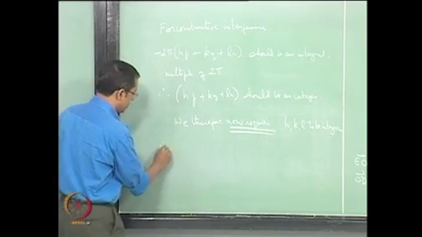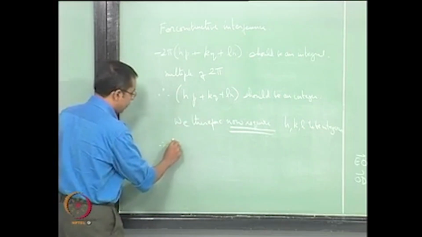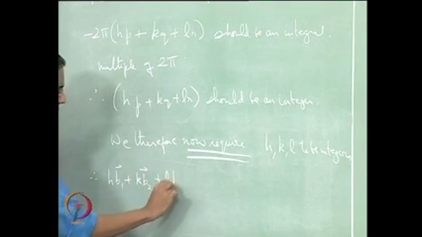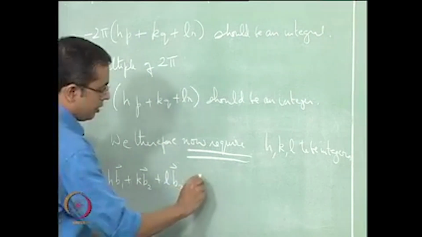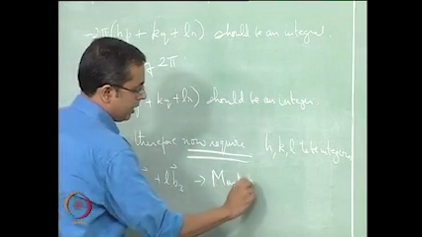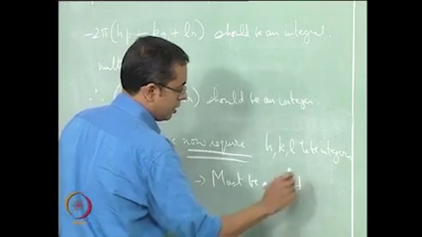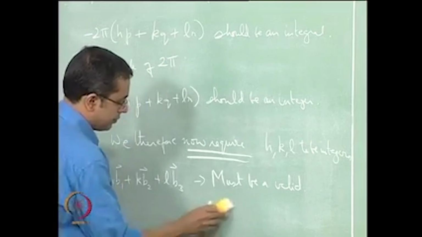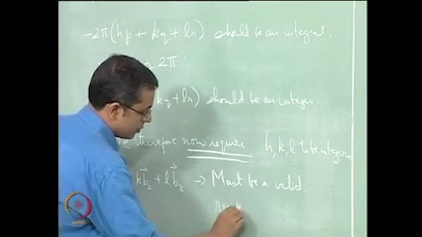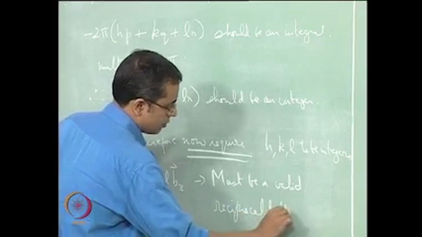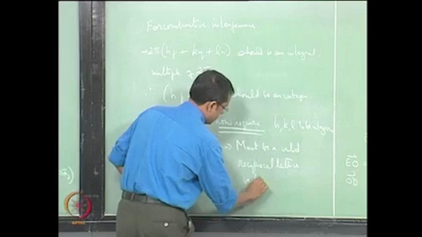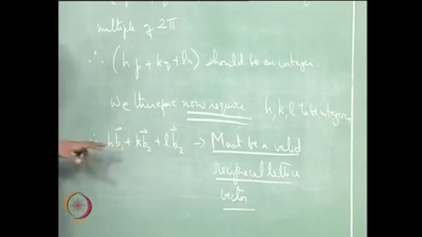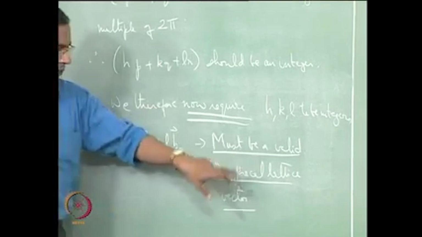Therefore, having reached this stage, we are able to say that H b1 plus K b2 plus L b3 must be a valid reciprocal lattice vector.